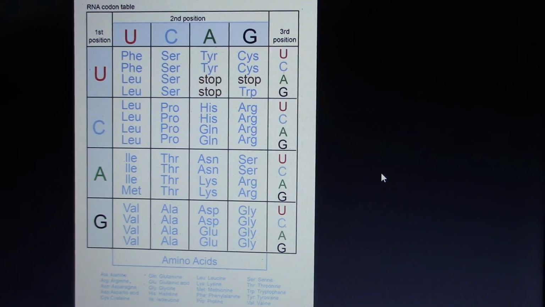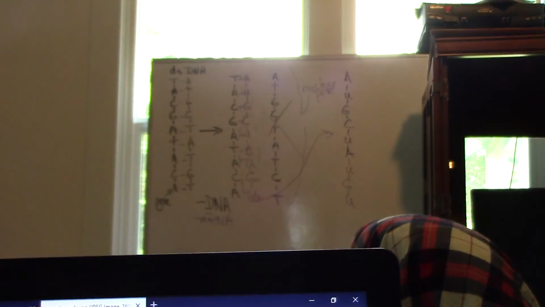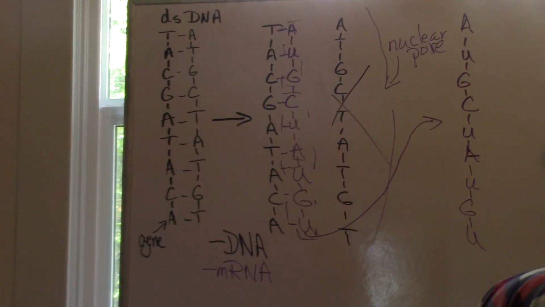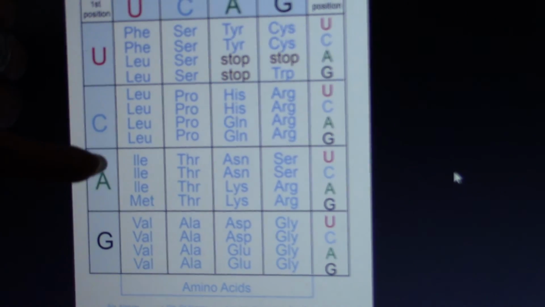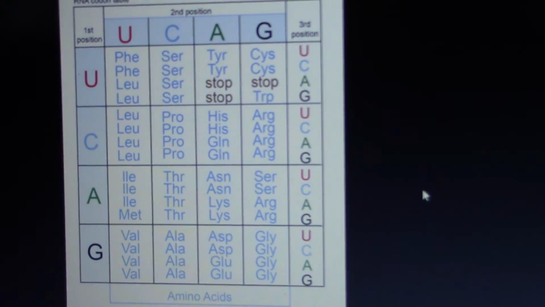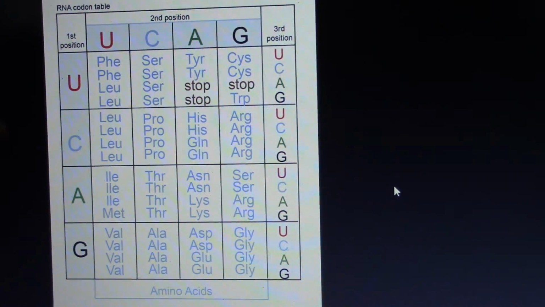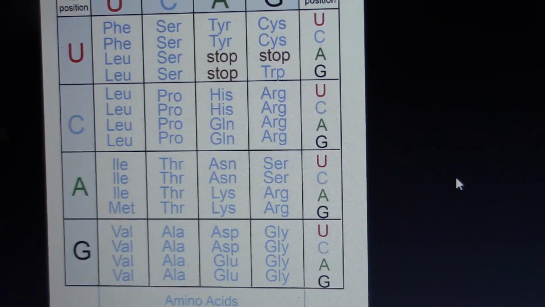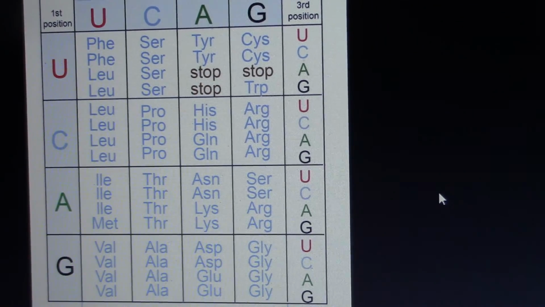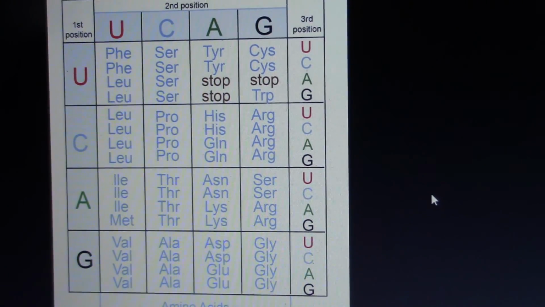Now, our first one, if you can look up there, is AUG. So A first place, U, G third place. So A, U, G, look right there. I'm matching up the A, the U, and the G that's over here, and I get methionine.